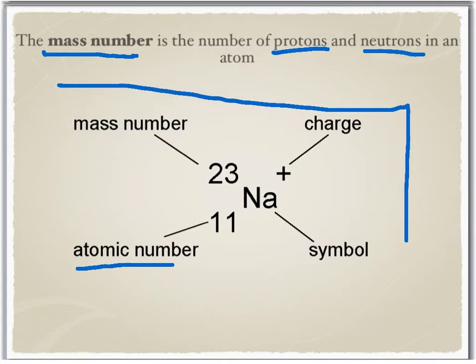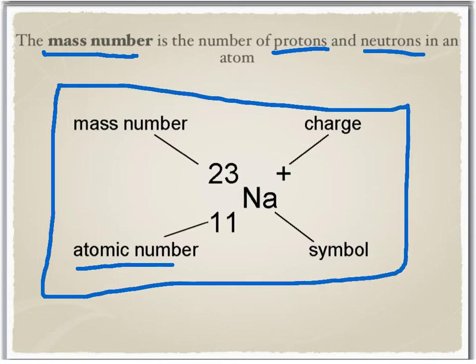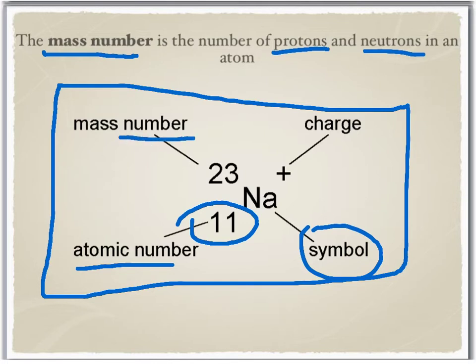So right here in this picture we have something called a nuclear symbol. Notice it has the symbol of the element. Notice it has the atomic number down here. What we see here in the upper left is the mass number, and that's the sum of the protons and the neutrons.